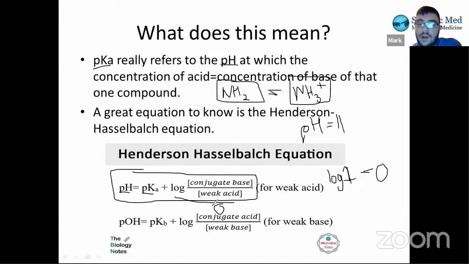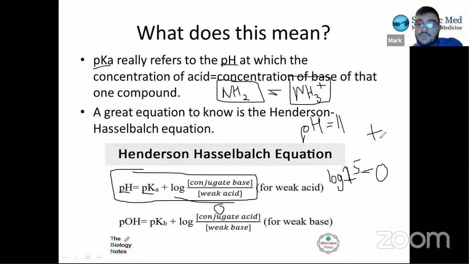If you know that there's more base, you'll have more on the top, less on the bottom. You'll have a positive number, like 1.5 or something. Log of 1.5 is some positive number. I don't know what it is, but it's some positive number. So the pH is slightly higher than the pKa, for example.